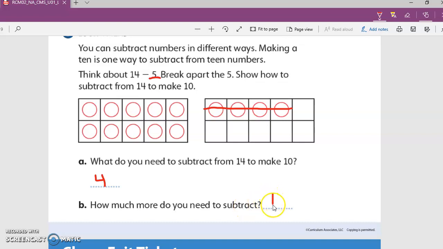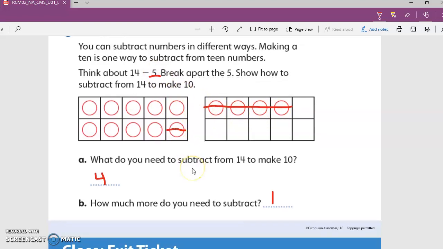If you said 1, you were right. Because my problem is 14 minus 5. 1, 2, 3, 4, 5. I have subtracted 5. But at first, to make a 10, I only subtracted these 4. So to make 5, I had to subtract 1 more.